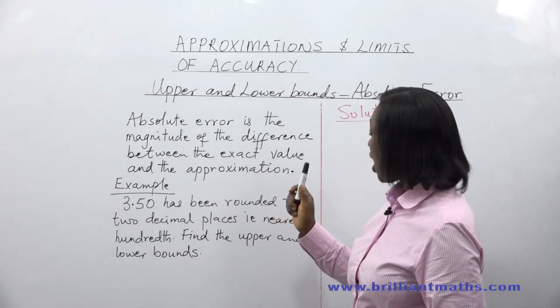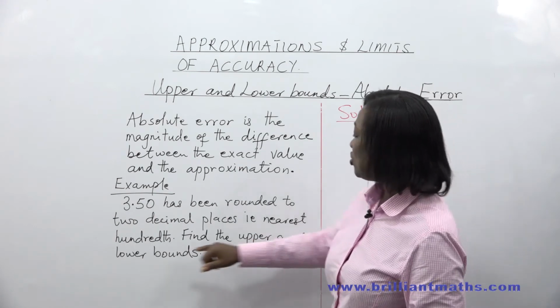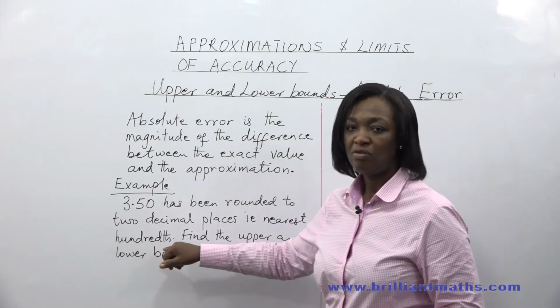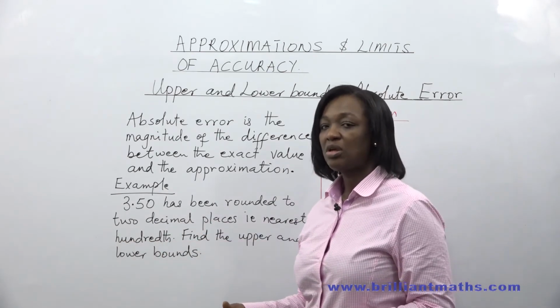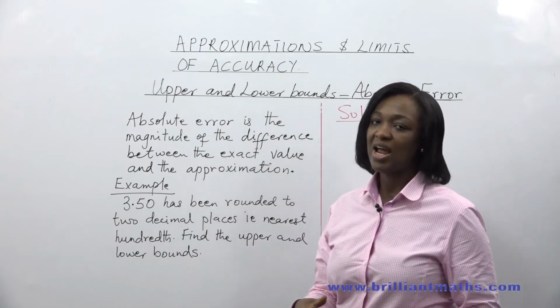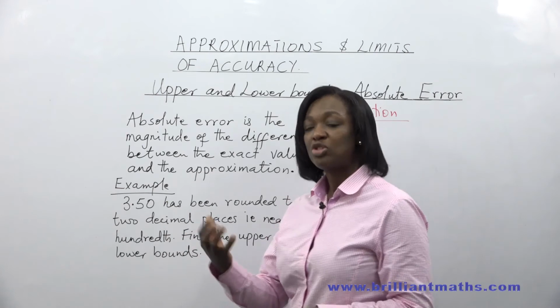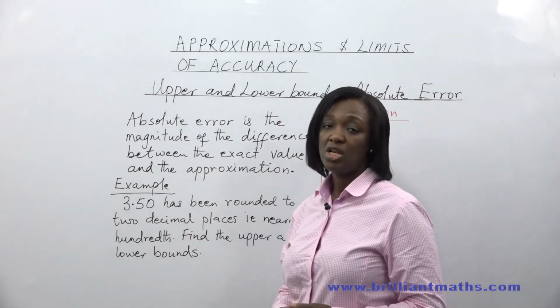And the absolute error is found by dividing the place value that has been rounded to by 2. Finding half of that place value, that's the absolute error. So we add that absolute error to the value to give us the upper bound, and we subtract the absolute error from the value to give us the lower bound.